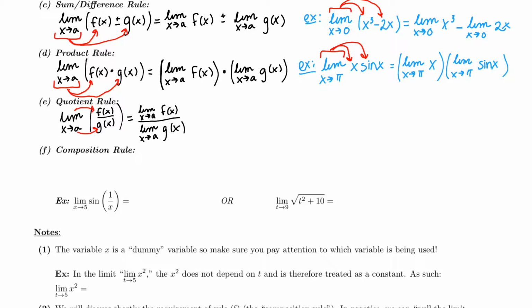This works as long as the limit as x approaches a of g of x is not 0. If it's 0, then you have a problem. That doesn't work. But as long as it's not 0, this will work.